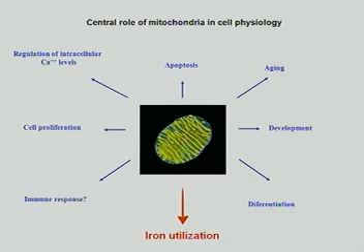One is heme, the molecule in the blood that carries oxygen, which is made in mitochondria. And then there are other iron-containing molecules that are made in mitochondria. This is a very important function of mitochondria, because basically that's where the iron-containing molecules of a cell are made.